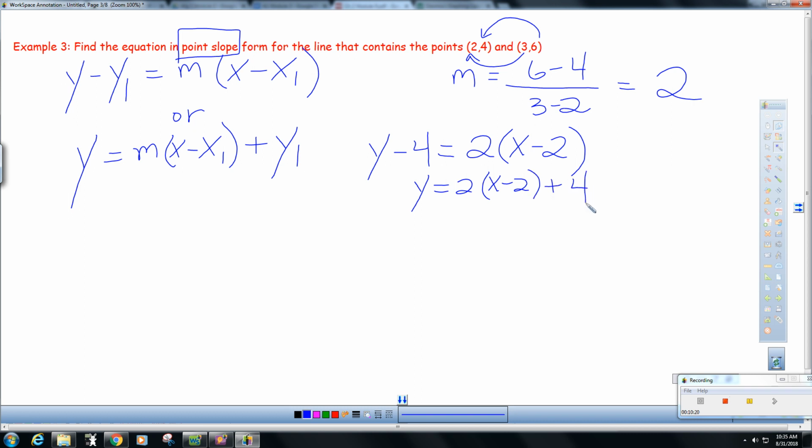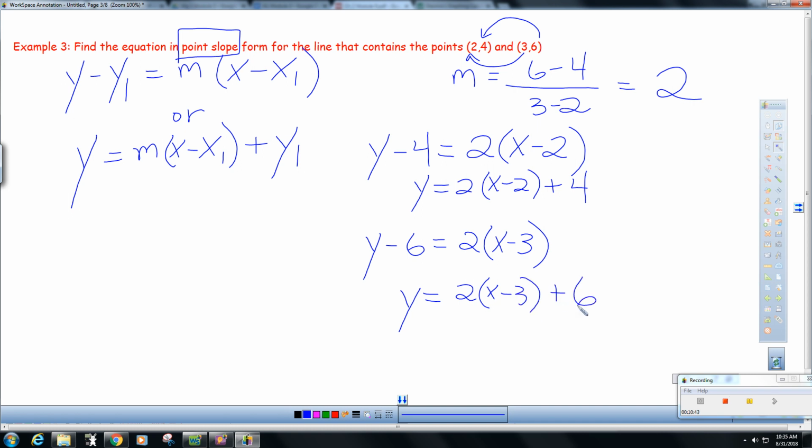Those are the same thing. We could write it as y minus 6 equals m times x minus 3. We could also write that as y equals 2 times x minus 3 plus 6.